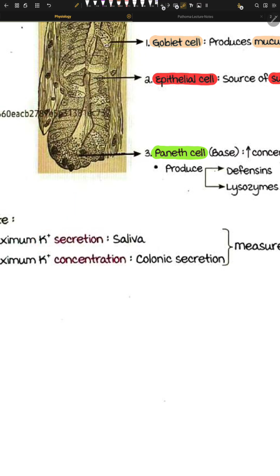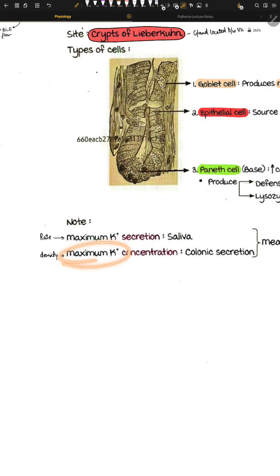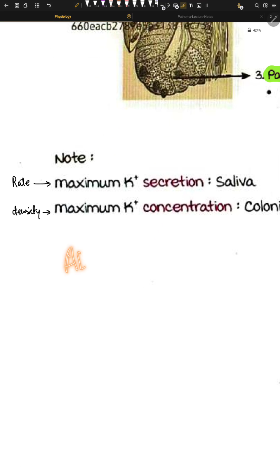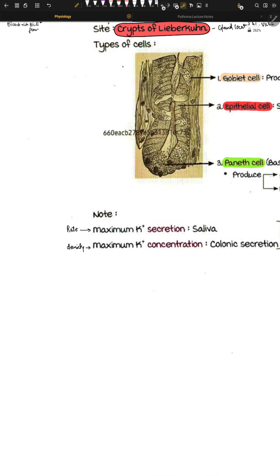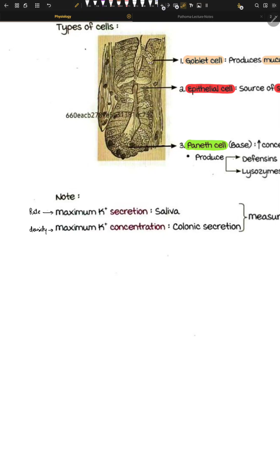So we understand this. When I say maximum potassium concentration in colonic secretion, I mean that in the colon, especially the distal colon, the last part, the cells actively release a lot of potassium into the lumen under the influence of aldosterone, right? So aldosterone releases a lot of potassium inside the lumen of the distal colon. The volume of this colonic secretion is very small, but the concentration is very high.